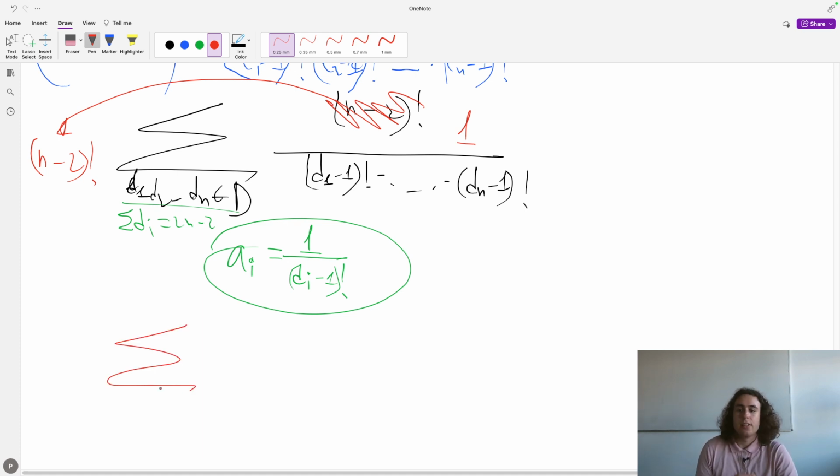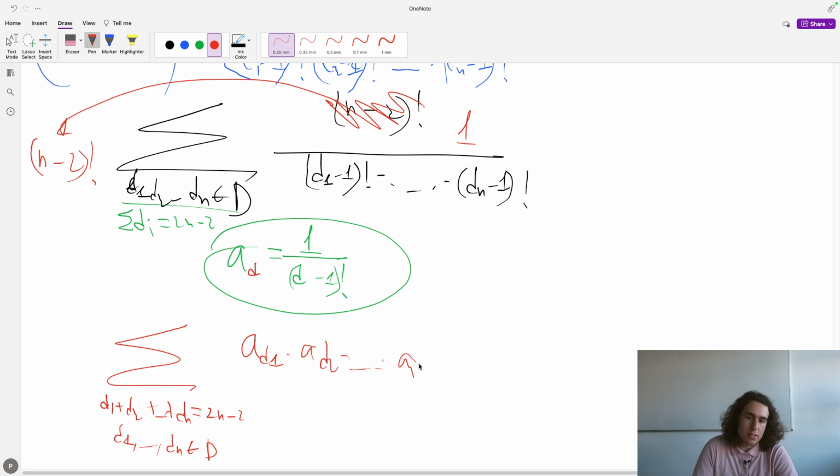So we're interested in the sum over all indices such that d1 plus d2 plus and so on plus dn is equal to, wait, what did I do? No, that's not what I wanted. I wanted to define A_d to be equal to 1 over d minus 1 factorial. And then we're summing up over all such things that sum up to 2n minus 2, and they are from the set D, of the values A_d1 times A_d2 and so on times A_dn. This is what we want.